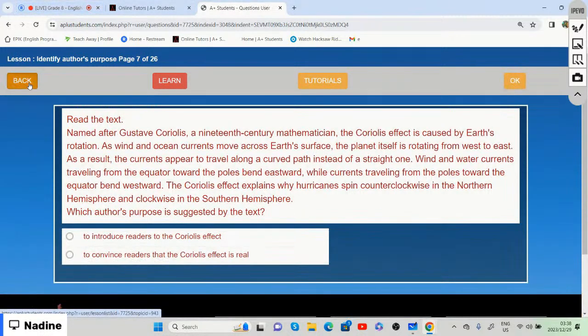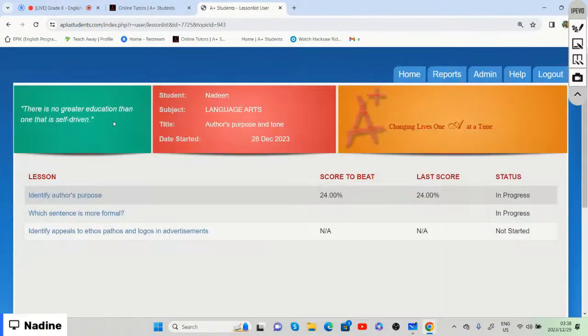All right. So that is basically how we identify the author's purpose when it comes to a text.